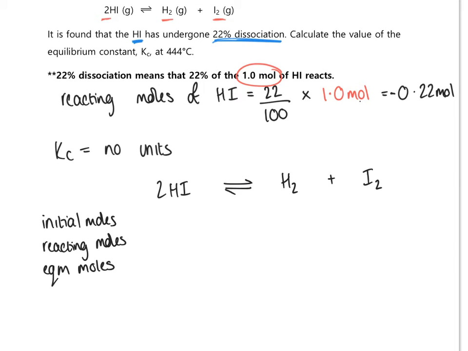Okay, so what are my initial moles of hydrogen iodide? 1. So the initial moles, this value here, is 1.0. What's the initial moles of my products? 0. Always going to be 0. For my reacting moles then, I know that my reacting moles of hydrogen iodide is minus 0.22. And then how do I get the reacting moles of the product?